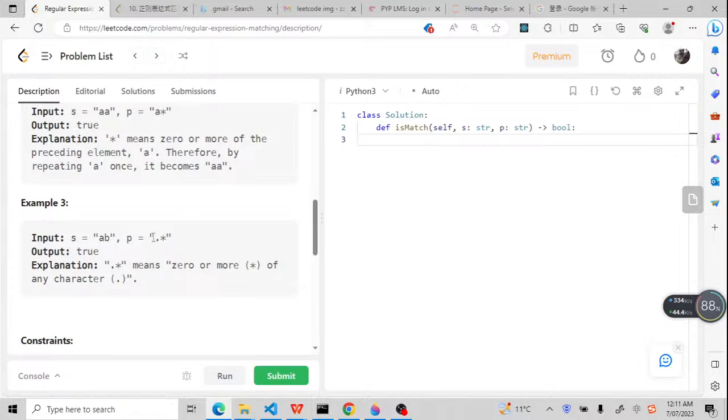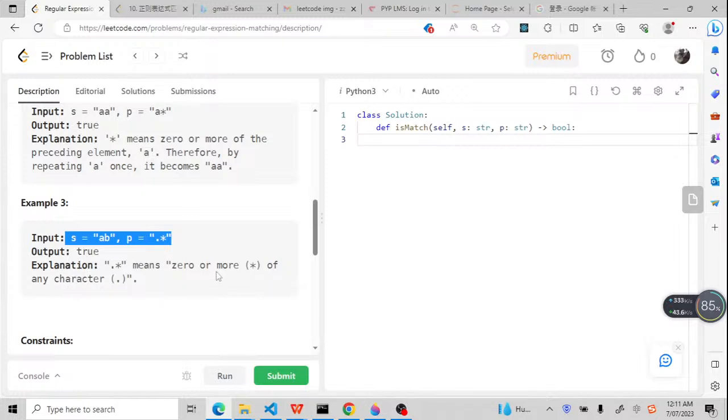If the next character is a star, then we need to check this dot. So it means we have two dots, so two dots and AB. The first dot can be A, the second dot can be B. This is the difficult part we need to understand. This one means 0 or more of any character, dot.